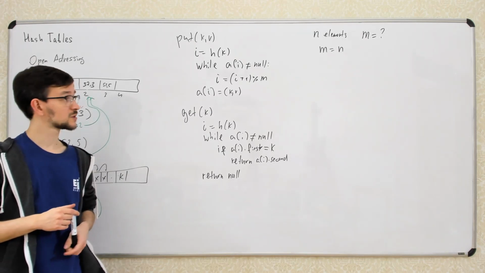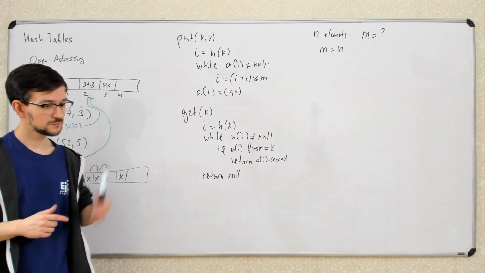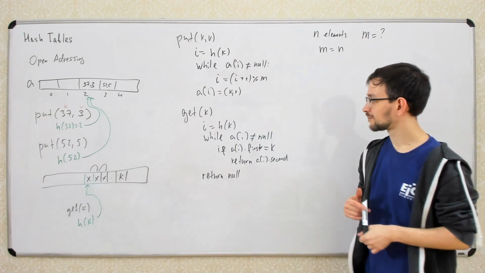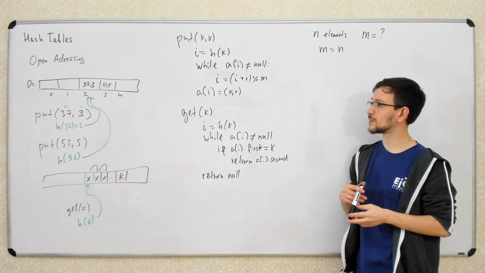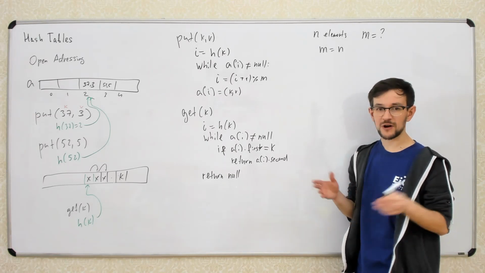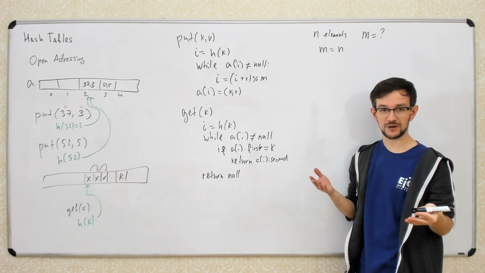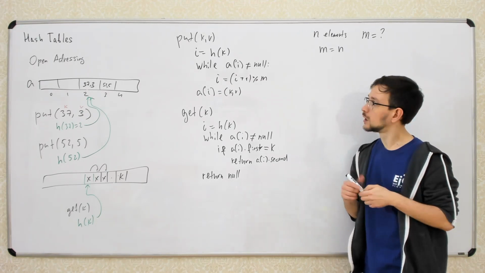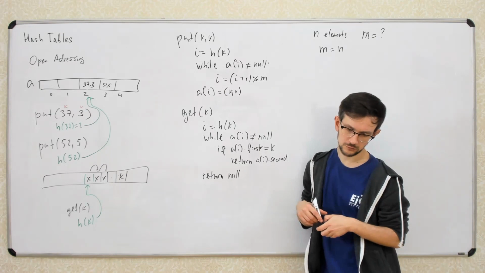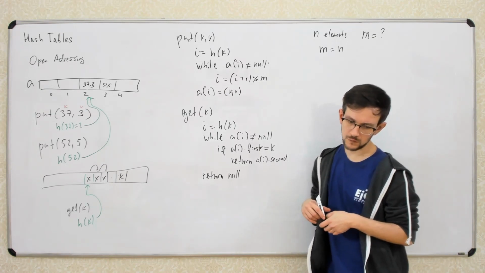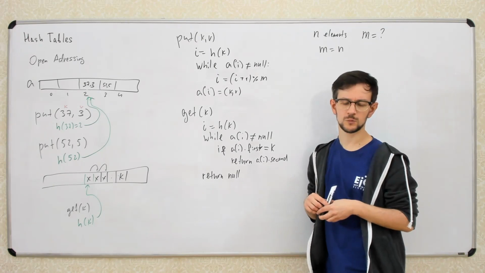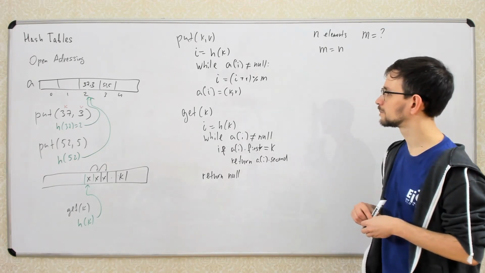Some strange things will happen. Now, think about it a little. You have an array of size n. You put n values in this array, so all cells are occupied.